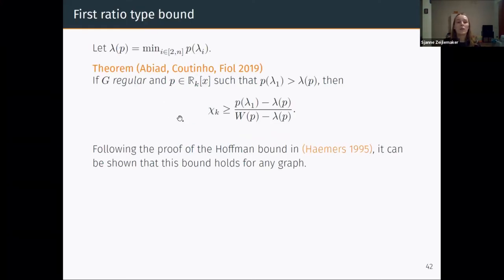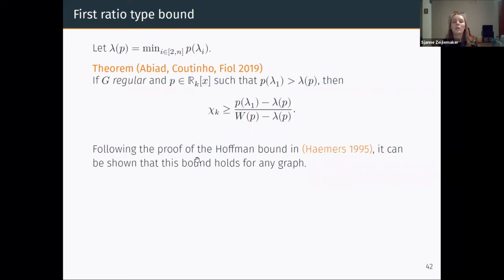So the first ratio type bound is a generalization of a previous result of my co-authors. So if we have a regular graph and some degree k polynomial for which its minimum is not on the largest eigenvalue over all the spectrum, then this expression here is a lower bound for the k-chromatic number.